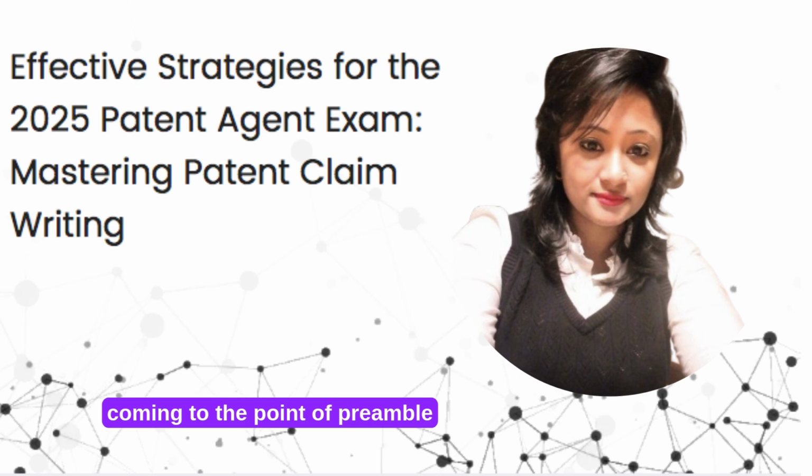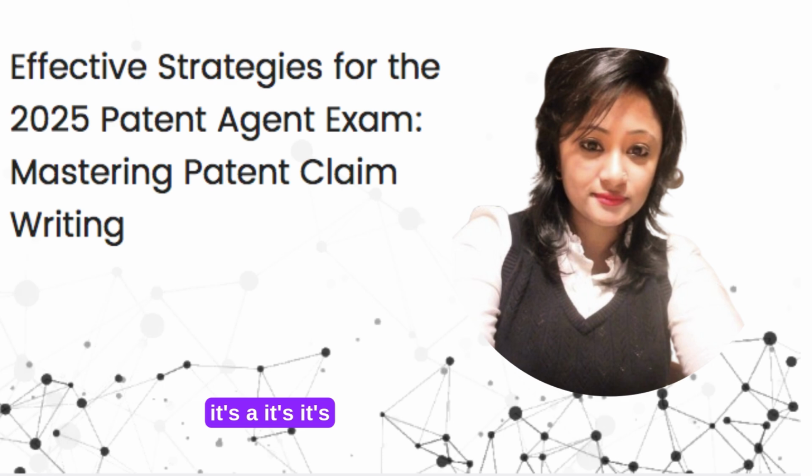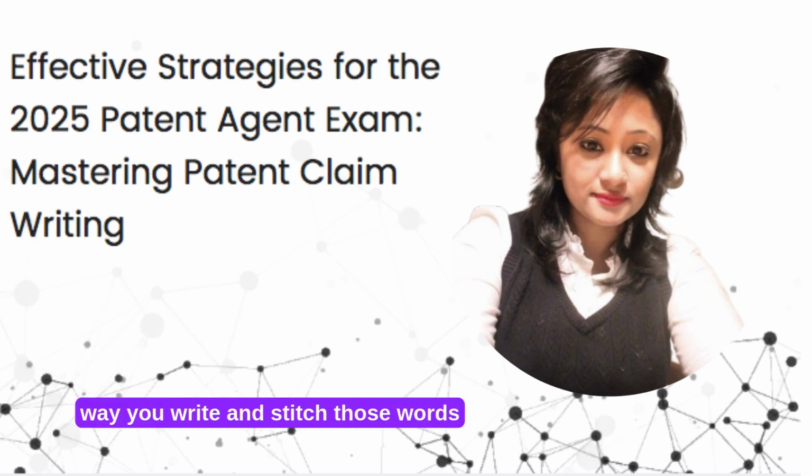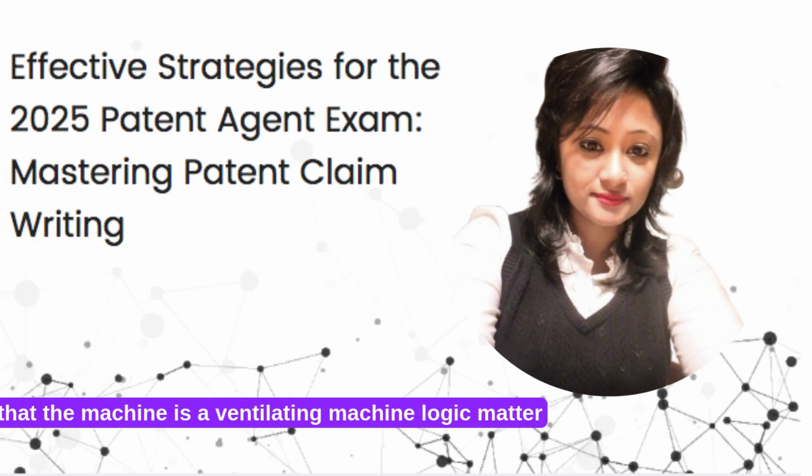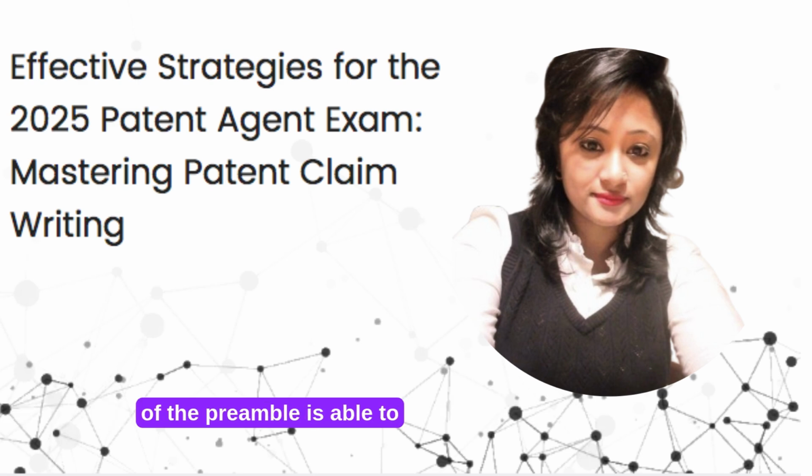Coming to the point of the preamble. The preamble is basically a statement, a way you write and stitch words to understand the invention in the broadest possible manner. Say, for example, a ventilating machine. This preamble itself suffices to convey that the machine is a ventilating machine. The subject matter of the preamble is able to categorize the different domains of IPCs.